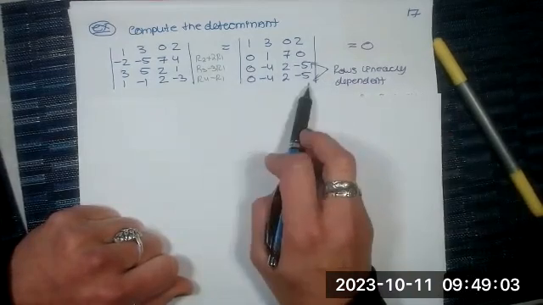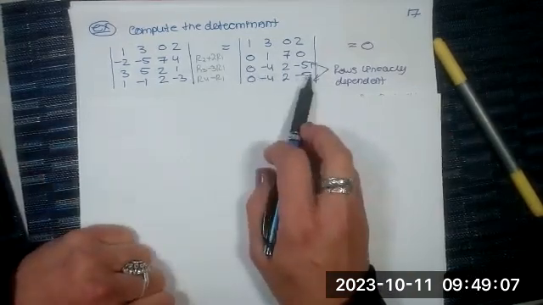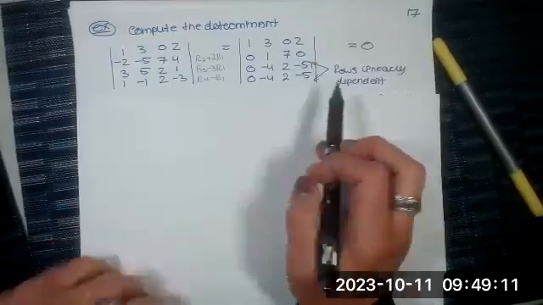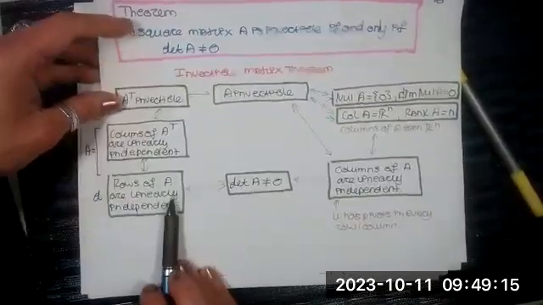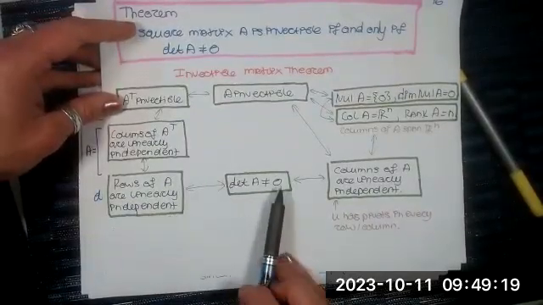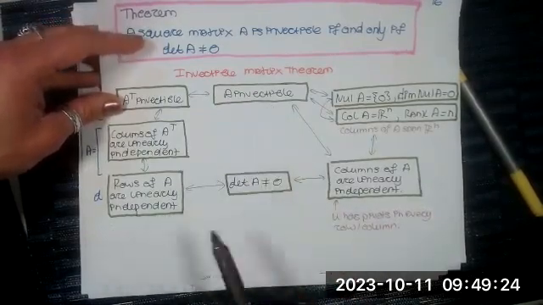So those two rows are linearly dependent, right? They're multiples. I mean, they're actually the same. They're not just multiples of each other, they're the same, right? And I know from the previous theorem that if two rows of A are linearly dependent, then determinant will have to be equal to 0 and A is singular. So this is kind of like if and only if, right?